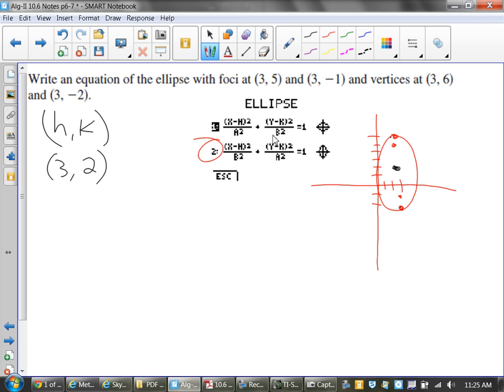Center to that vertex is a, so a is 4. Center to the focus is how much? 3. It's an ellipse, which means it's a squared minus b squared. So what's 4 squared? 16 minus 9 is b squared.